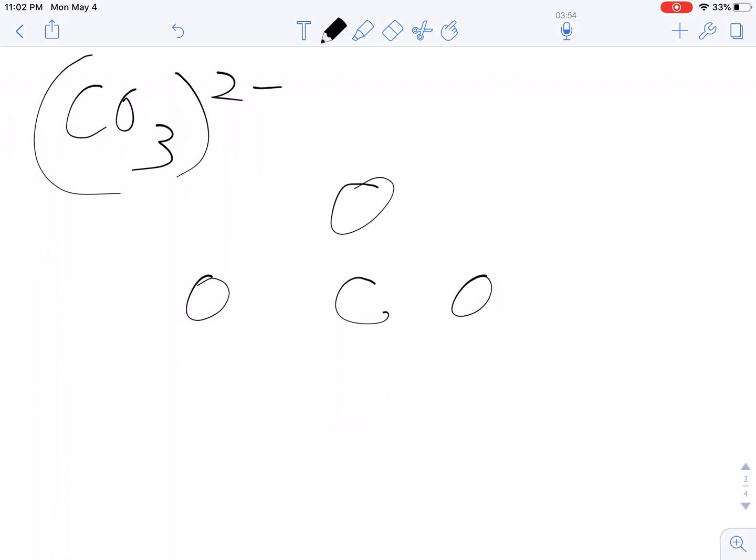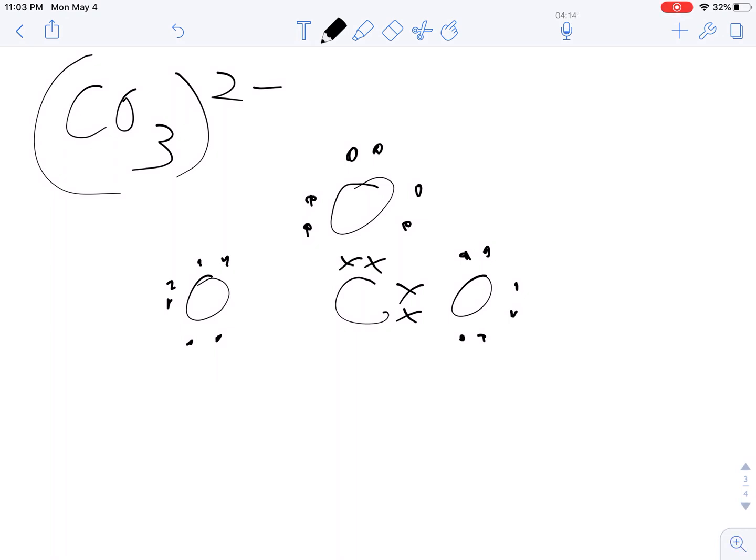Put the oxygen up there. And each oxygen has 6 electrons. And the carbon starts off with 4.